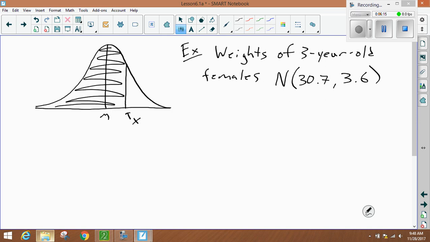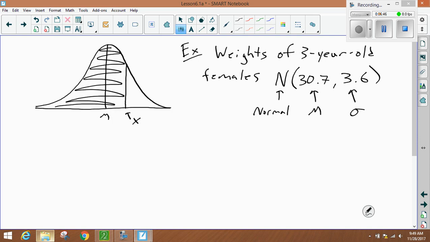Remember that if we're given this information, what they're telling us is, number one, that it's normal, or approximately normal. They're telling us that this is the mean, and this is the standard deviation, right? So it's assumed that all of these things are true: that the distribution is approximately normal, that the mean is 30.7, and that the standard deviation is 3.6.